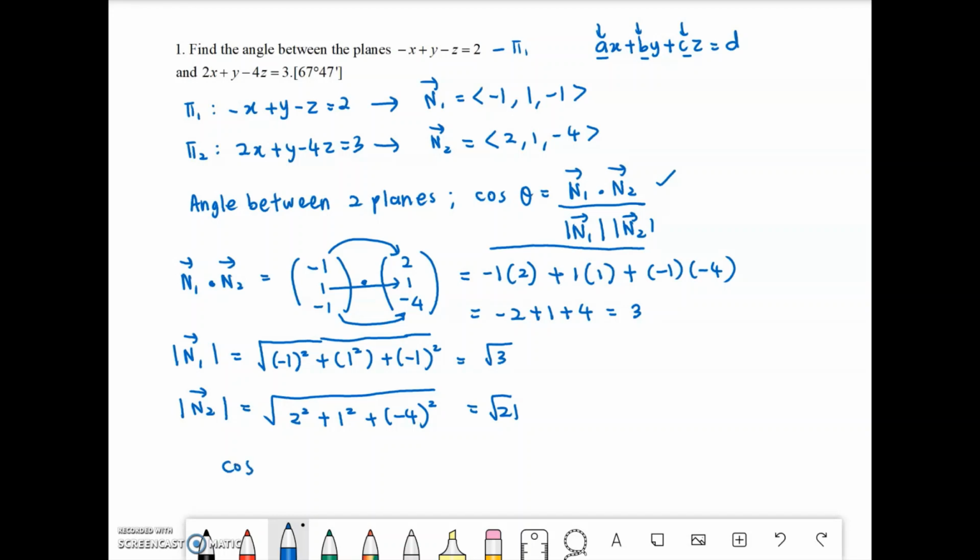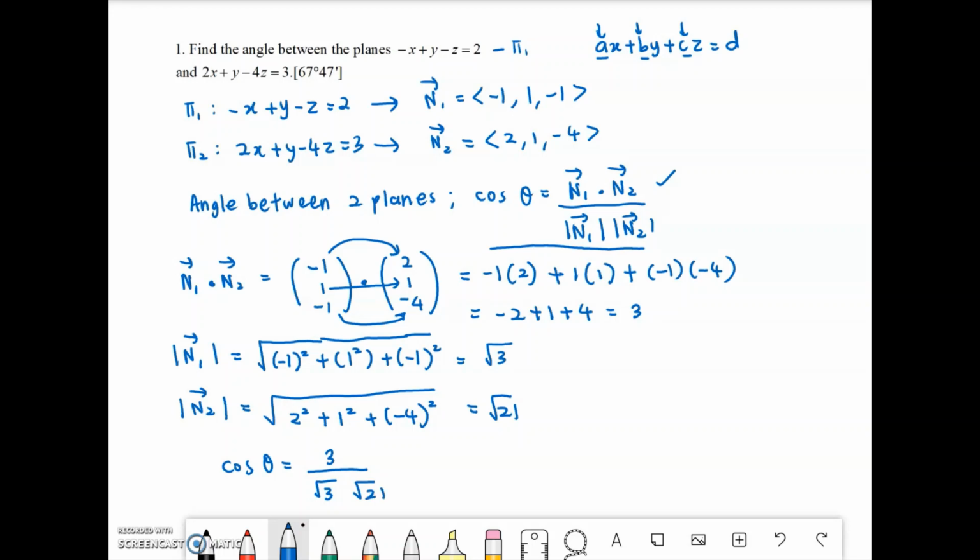So our cos theta will be equal to the dot product of these two normal vectors, which is 3, over the magnitude of normal vector 1 times the magnitude of normal vector 2, which is root 21.